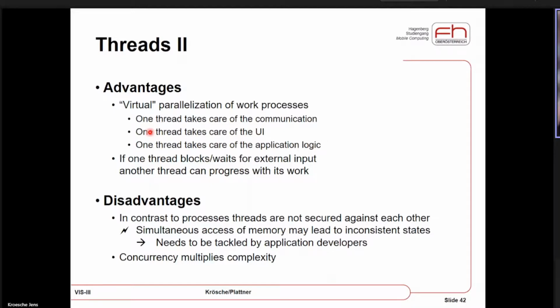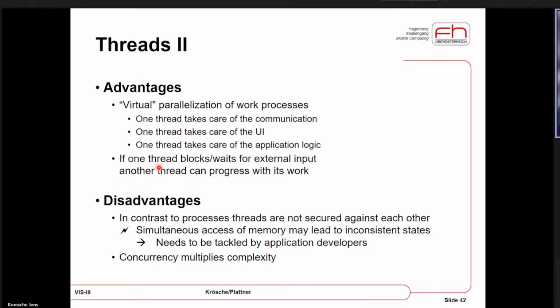And therefore, this is not something that is relevant for us, at least if we're just reading data. And if one of these threads is blocked, then the other one gets the CPU, and the blocked one is just waiting for getting whatever it needs to get. What are the advantages?